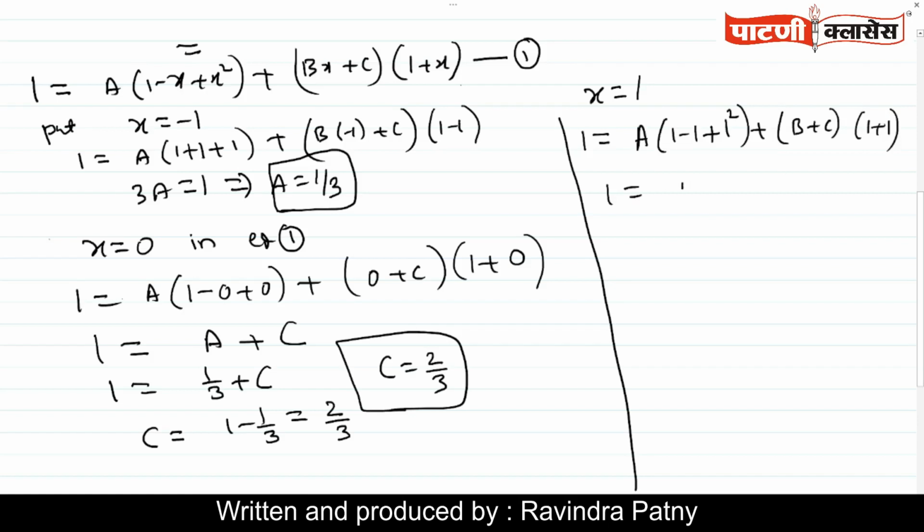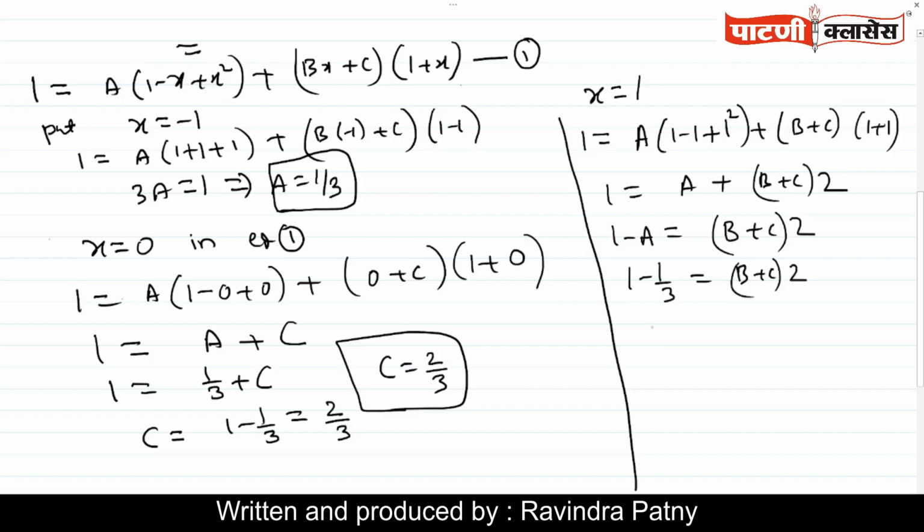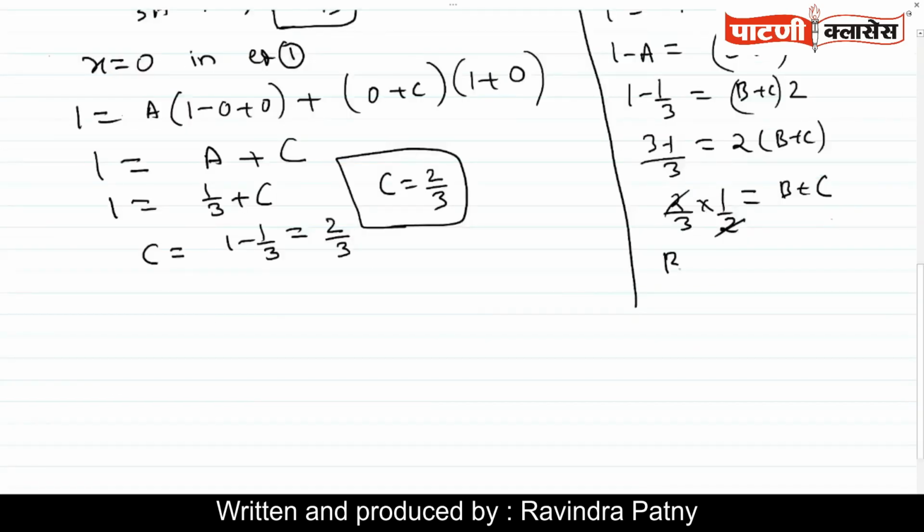So 1 equals a plus b plus c into 2. 1 minus a equals b plus c into 2. What is the a value? The a value is 1 by 3. So 1 minus 1 upon 3 equals b plus c into 2. So 3 minus 1 upon 3, 2 into b plus c. Therefore 2 by 3 into 1 by 2 equals b plus c. Now b plus c equals 1 upon 3.